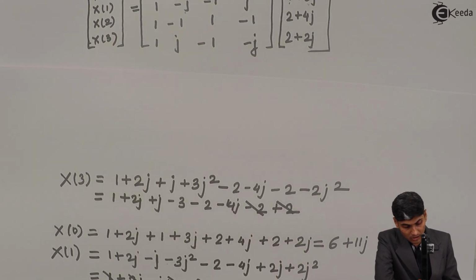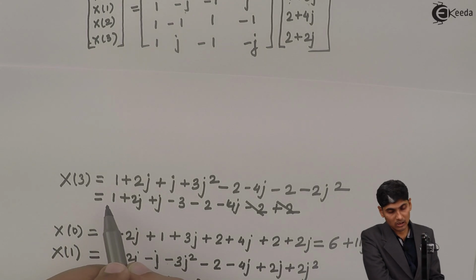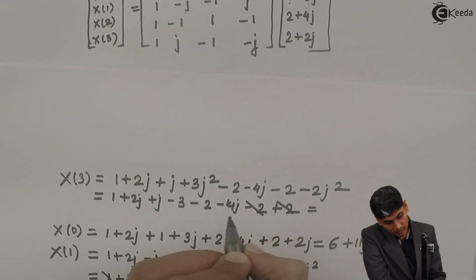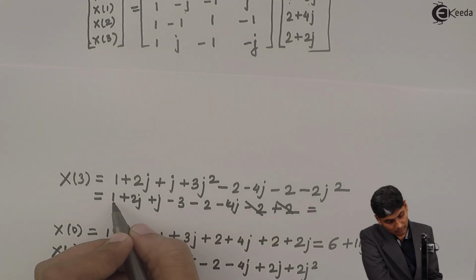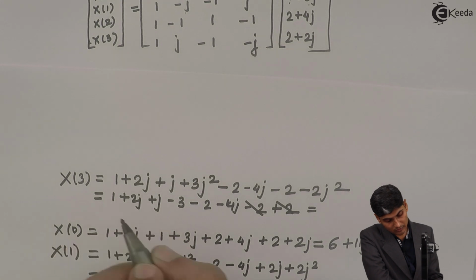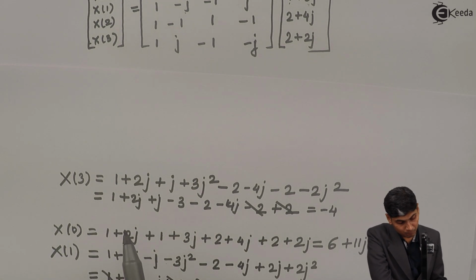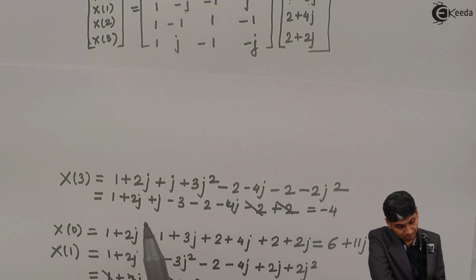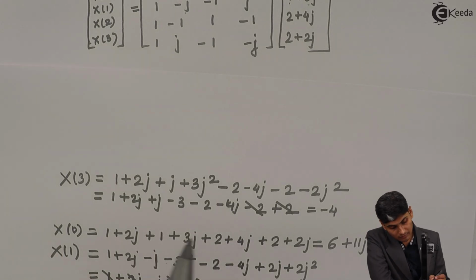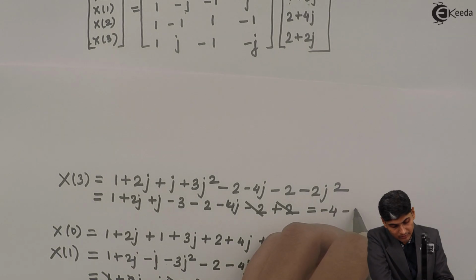Then we have minus 5 plus 1, which will give me minus 4, and then we have minus 4 plus 3j, which is minus j.